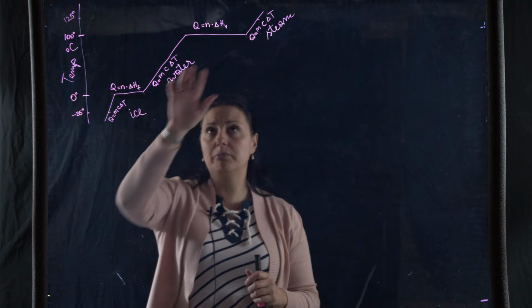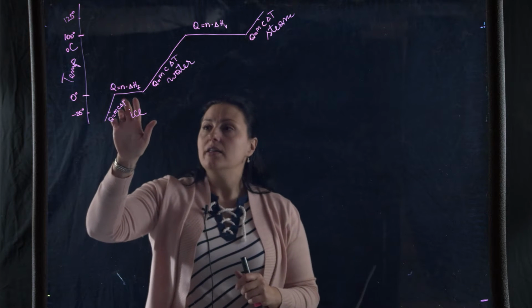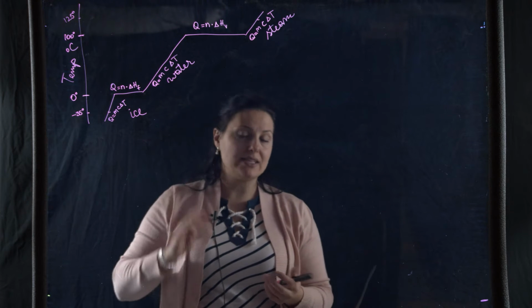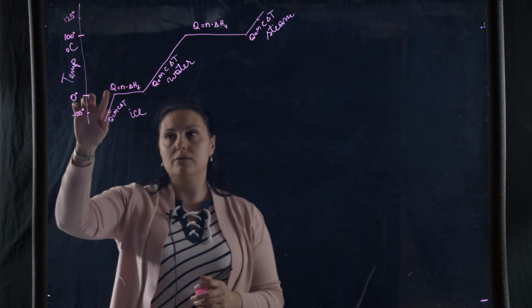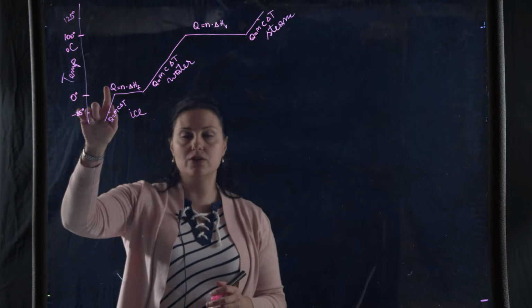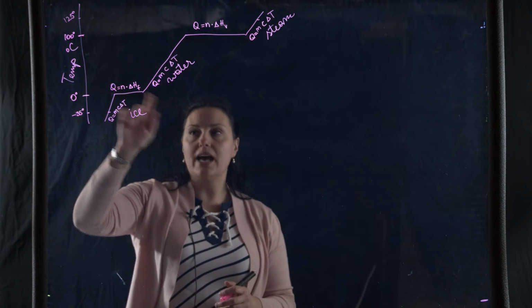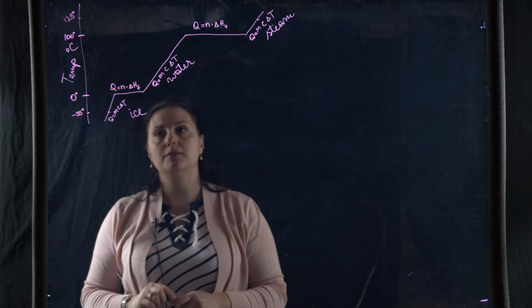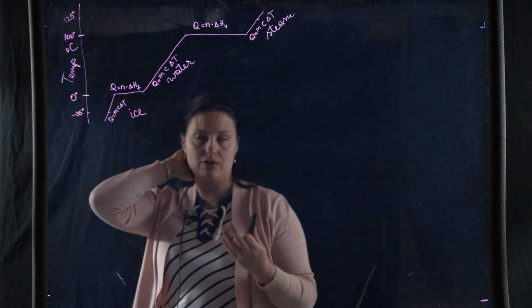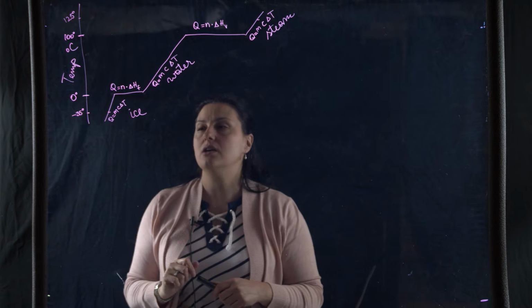Now let's talk about the plateau parts. These don't have a delta T, so we use different formulas. For the melting part, I use Q equals n times delta Hf, which stands for the heat of fusion for water, and there's a value given to us that's associated with that.